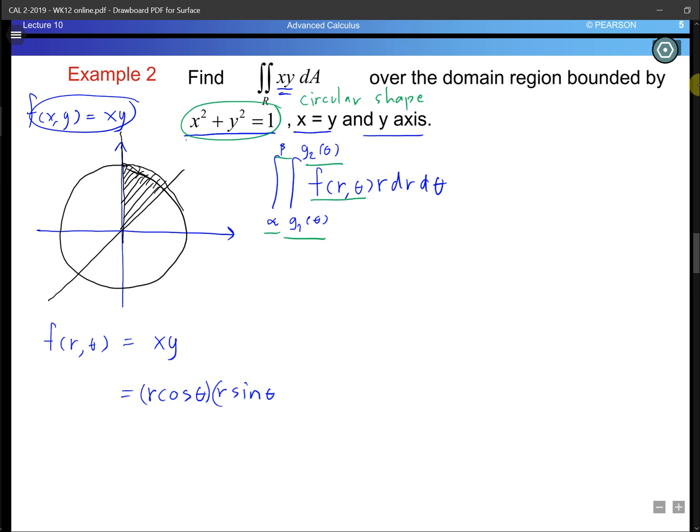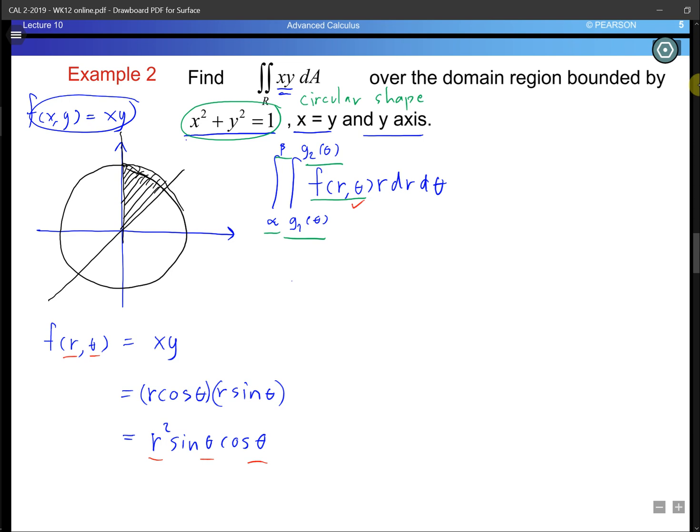Alright, with this we can see that we have this f in terms of r and theta equal to r squared sine theta cosine theta. So all good? You want r and theta right here, r and theta only. Okay, the first one is done.